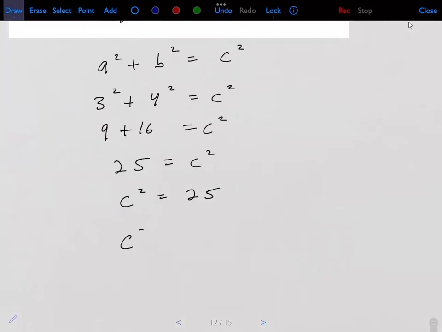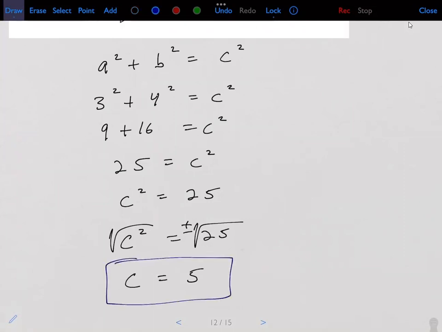Now normally, remember we have to account for the fact that it could be positive or negative. But because this is a length, the actual physical length of the side of a triangle, we're just going to take the positive solution. So we have plus square root of 25, which is 5. So that's the answer. So c is equal to 5.